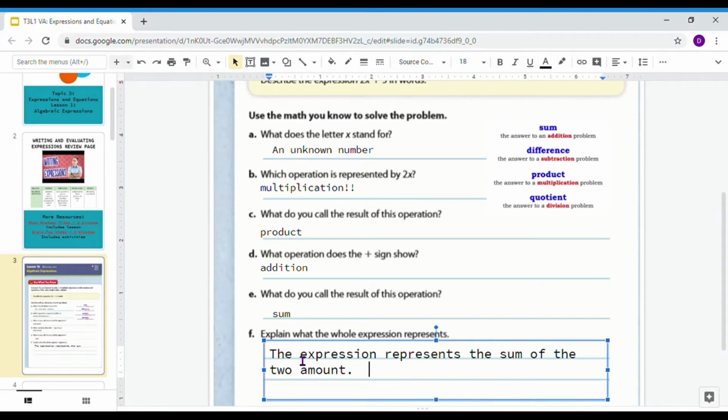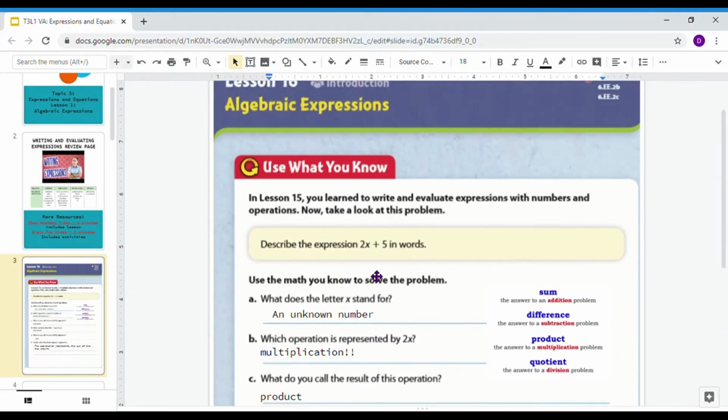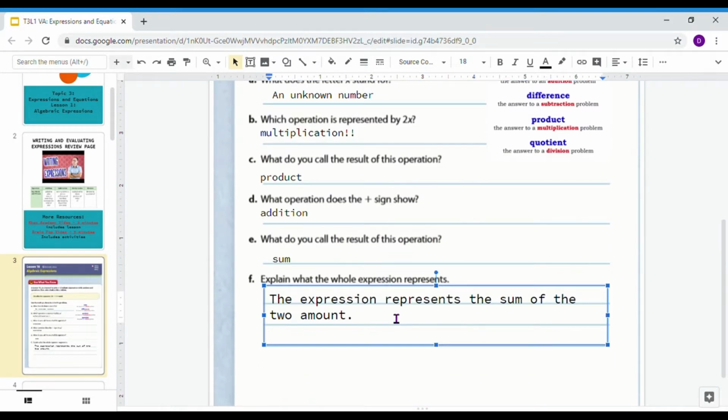And then the first amount, so if we go back up, the first amount is going to be the product, or the answer to a multiplication problem, of 2 and the unknown number. So let's write that down. So the first amount is the product. See, I'm using this math vocab.